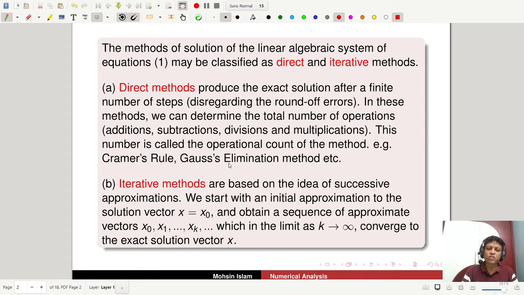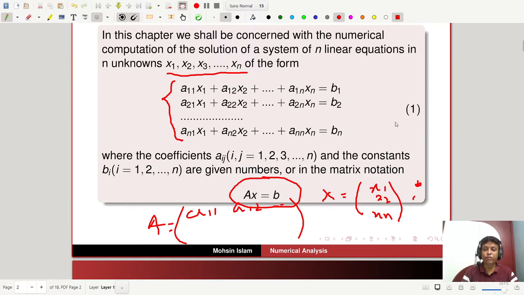Iterative methods are based on the idea of successive approximations. We start with an initial approximation to the solution vector. So your unknown vector is x. If you write in matrix form, it will be Ax equal to B. A is the coefficient matrix, x is the requirement vector, and B is the constants, a column vector.